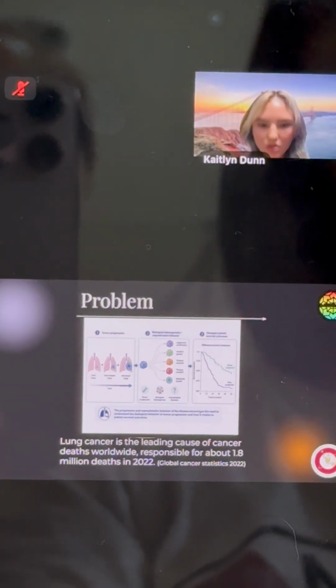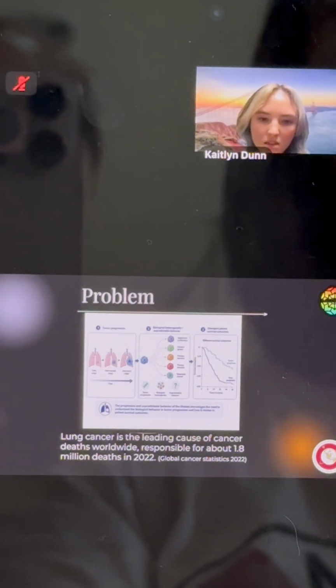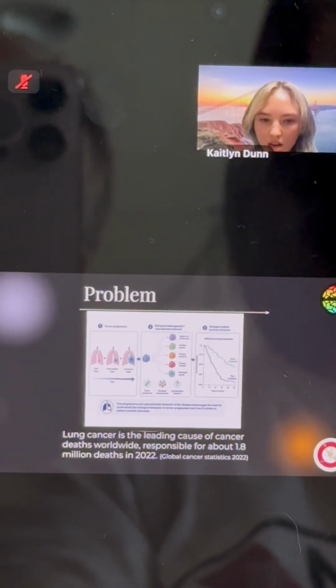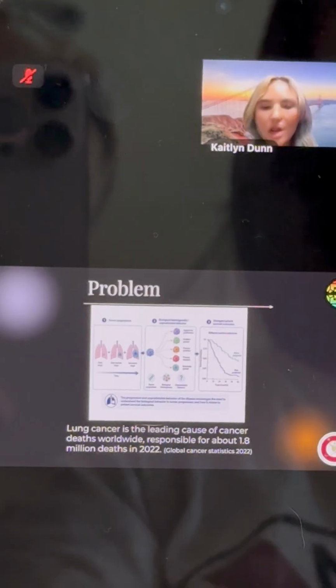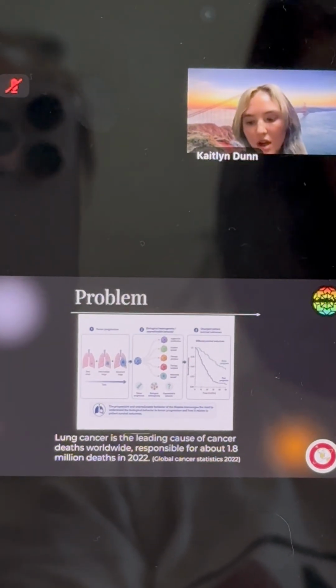And this research finds that this unpredictable behavior of the disease encourages the need to understand the biological behavior and tumor progression, and then how that directly relates to patient survival outcomes.